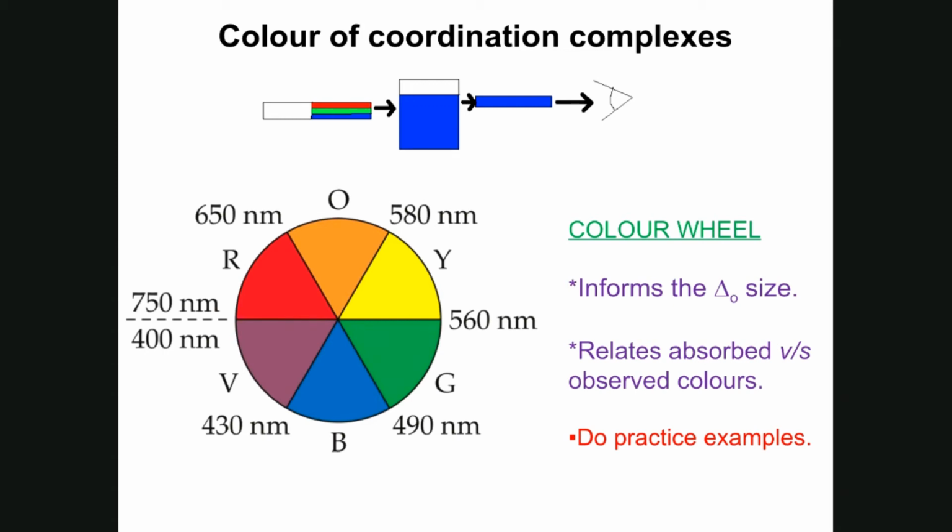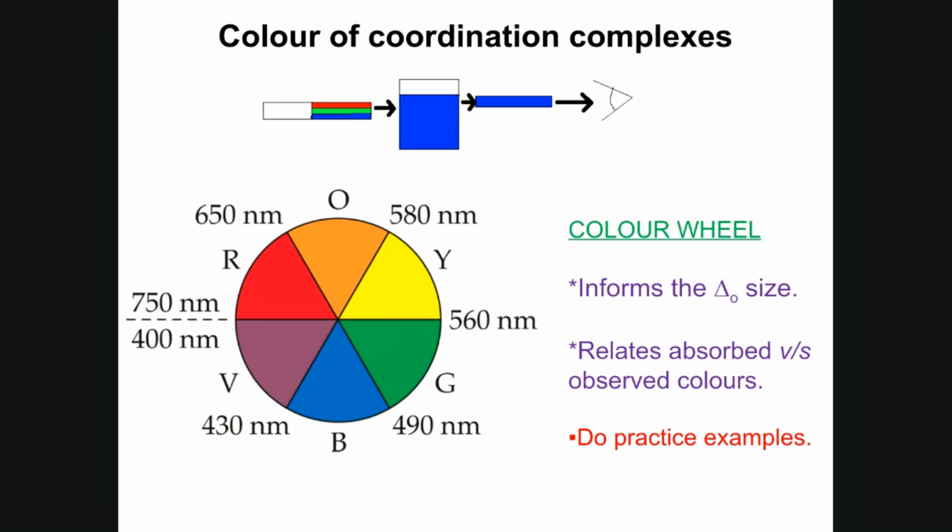The information that you can get from here is that if your transition metal compound absorbs red light, and remember that red light is the least energetic, closer to 750 nanometers, between 650 and 750 nanometers, so the frequency is very low, then it's going to appear green to your eye.